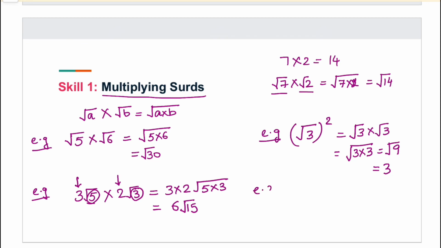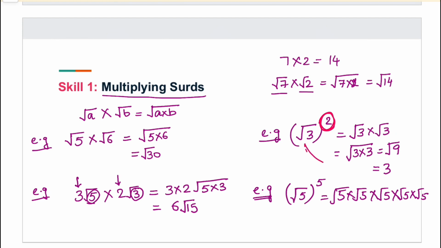Last example in this could be square root of 5 to a greater power. Let us suppose we take the power of 5. So we will do square root of 5 times square root of 5 times square root of 5 times square root of 5 times square root of 5. In the previous question, we saw that when we have the power as square, it gives us the same number just without the square root, because square and square root cancel each other.